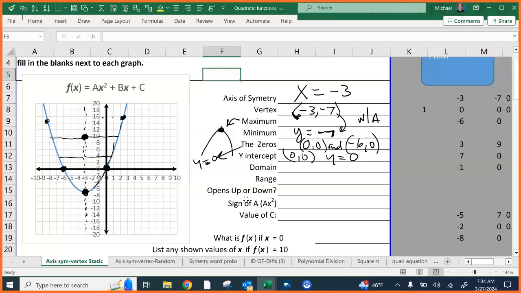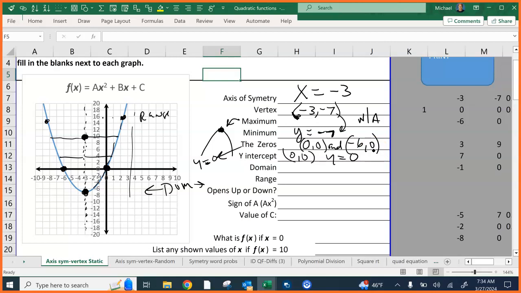Possible x values or possible y values? There's a range and there's a domain. So domain is like the x value range, right? And the range is what the possible y values are going to be.